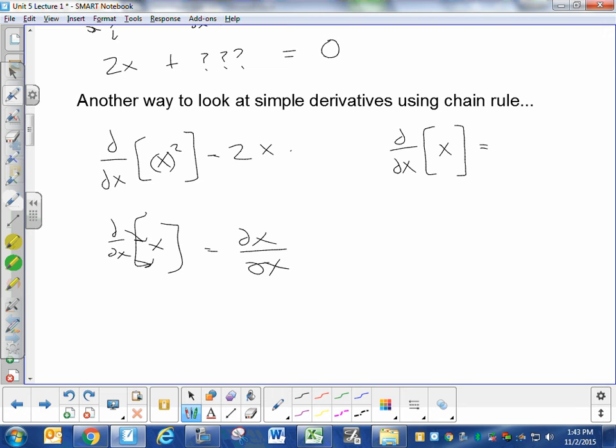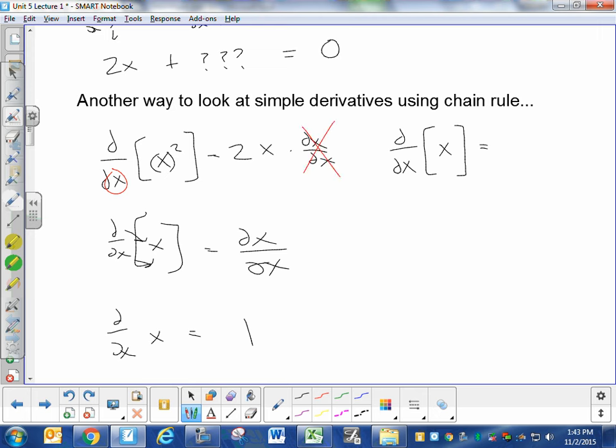What's dx over dx? It's just 1, which is why we don't list off dx over dx, and we just say the derivative of x is 1. Which is neat, but you could do it this way. You could do this with any variable. Whenever the variables aren't the same, whenever this is x and this is something else, we're going to have this extra thing. In this situation, it's redundant.